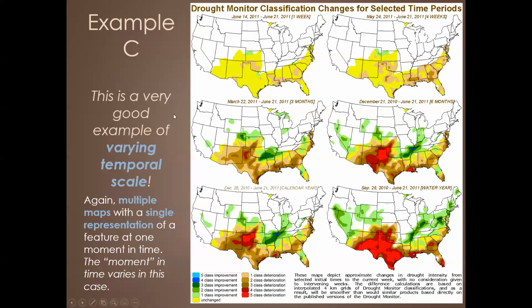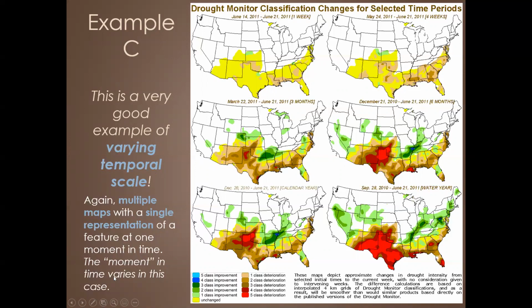And third example, these maps are for varying temporal scale. Multiple maps with a single representation. Again, choropleth map, okay? A specific color ramp here is used to address different values of a feature at one moment in time, okay?